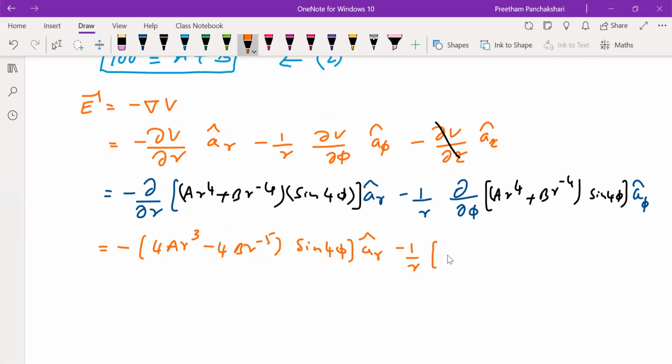So R terms do not change, only sine 4 phi. Differentiation of sine is cos. Cos 4 phi. Differentiation of 4 phi is 4, into A cap phi.